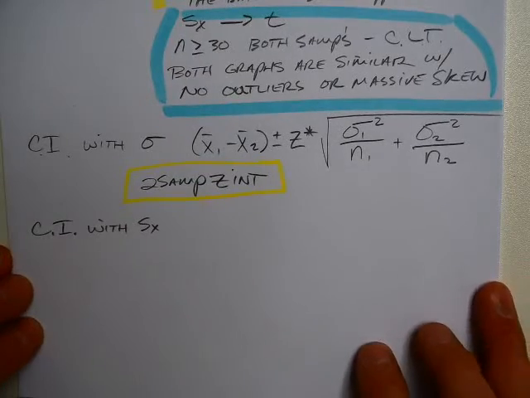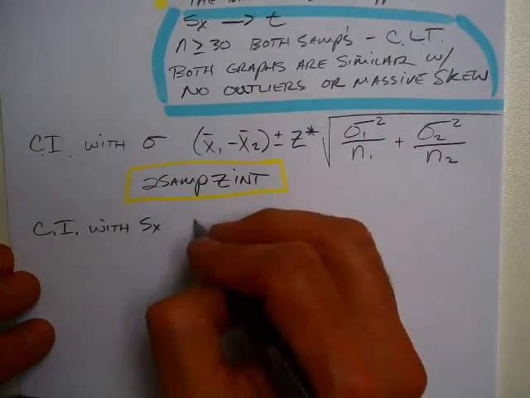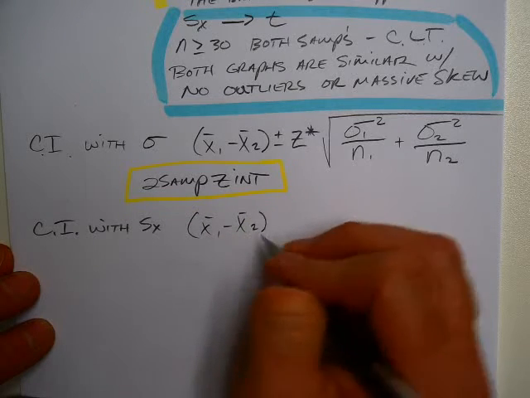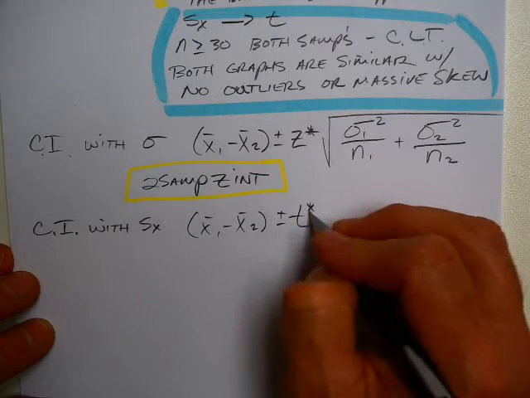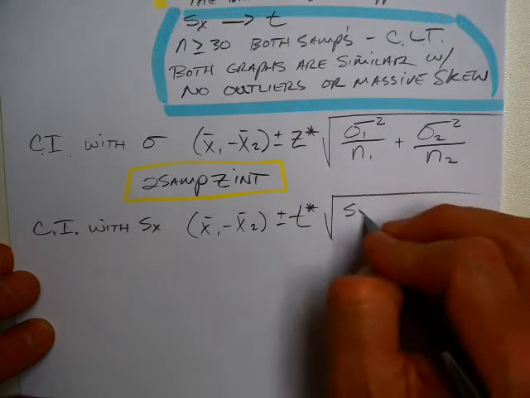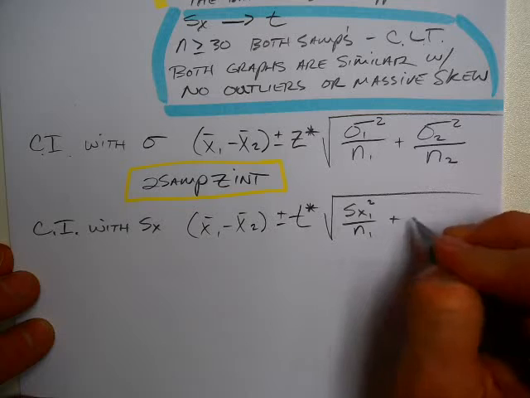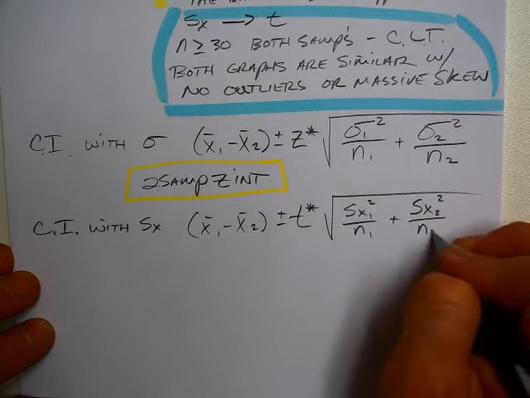Confidence interval with Sx. It's the same thing, it just uses Sx instead of sigma. X bar 1 minus x bar 2 plus or minus, oh yeah, and it changes z to t. T star times the square root of Sx squared 1 over n1 plus Sx squared 2 over n2.